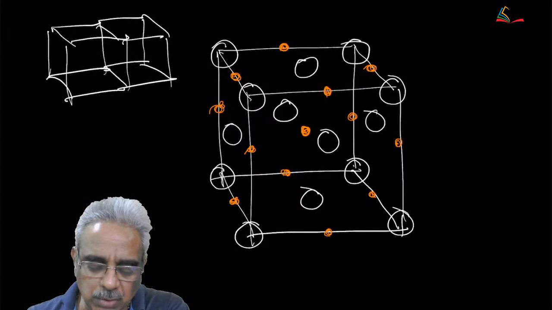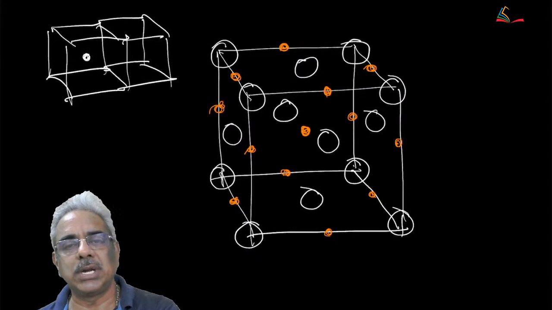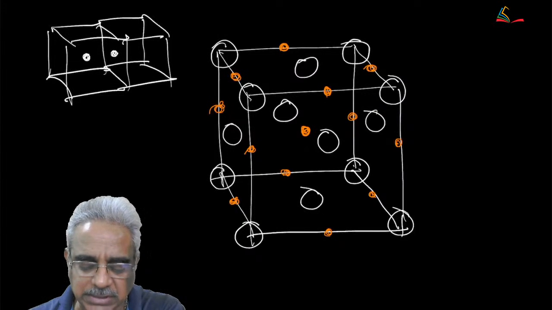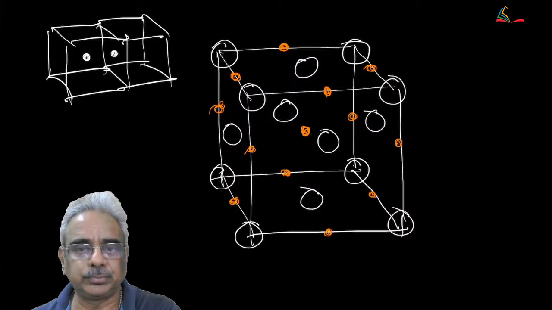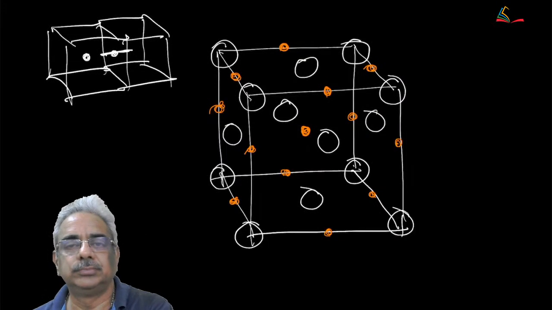Suppose you have one ion at the body center position. That ion totally belongs to one unit cell. But if you have any ion on the face, you should not take it as one. You have to take it as only half. Why? This is shared by two unit cells.